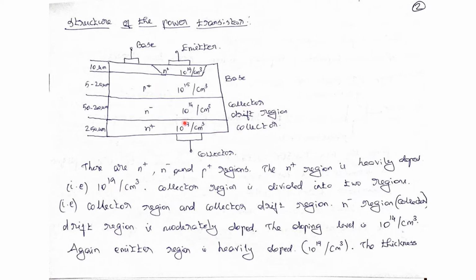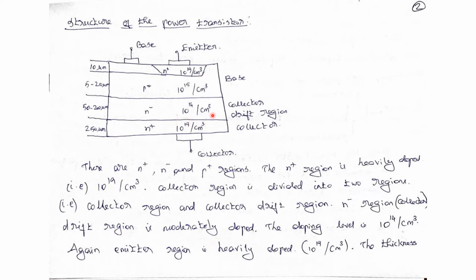The N minus region is lightly doped, that is 10 to the power 14 per centimeter cube. The P plus region is moderately doped, that is 10 to the power 15 per centimeter cube. And again the N plus region, in the emitter region, is heavily doped, that is the doping level is 10 to the power 19 per centimeter cube.